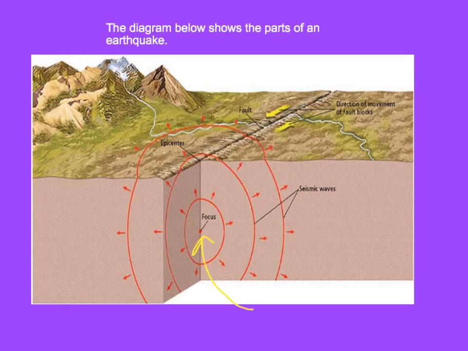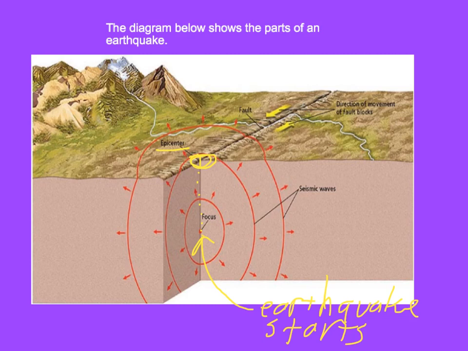This is where the earthquake starts. And then directly above it, right here on the surface, directly above the focus, is the epicenter, which is the spot on Earth's surface where it is. And that's what we usually try to find, where the epicenter was, and we know the earthquake happened under the ground.